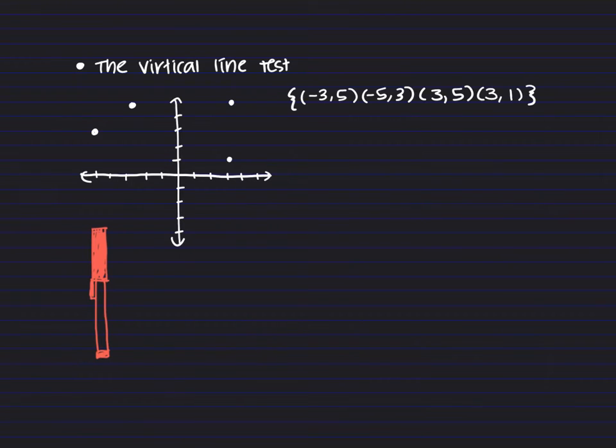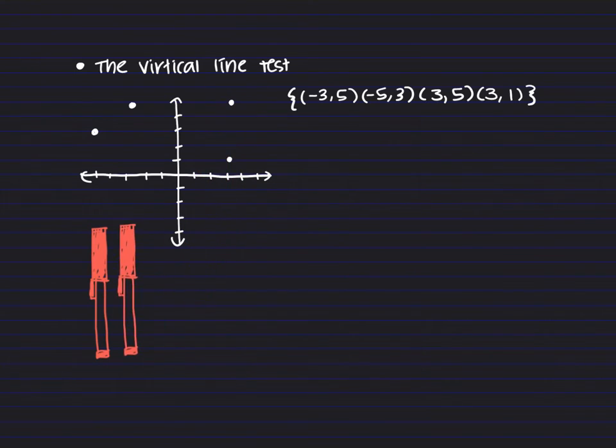I'm going to move it across horizontally, to see if I am going to hit any 2 points at the same time. If I start from here, I only have one, but when I go to 3, I am going to be able to cover 3, 1 and 3, 5 at the same time.